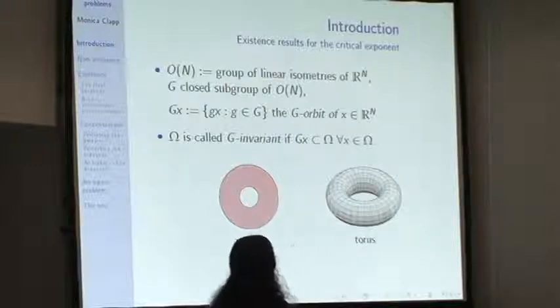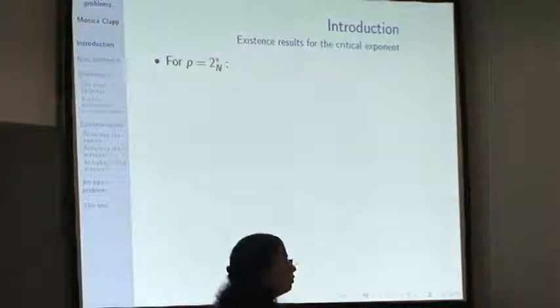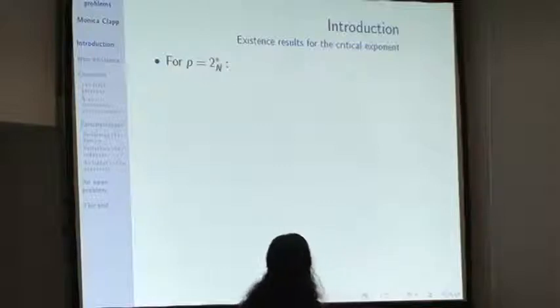And now let me show you two results for the critical exponent. Now p is going to be precisely the critical exponent, and here one has two existence results.